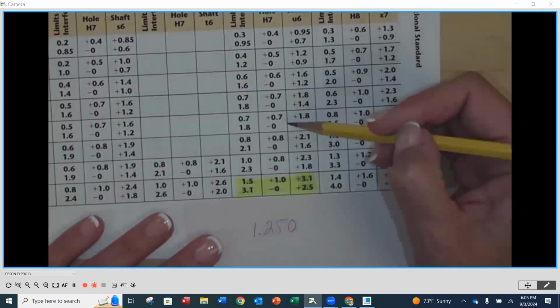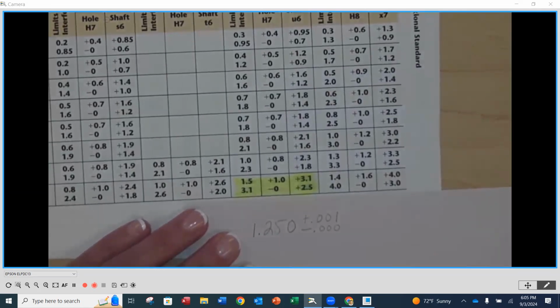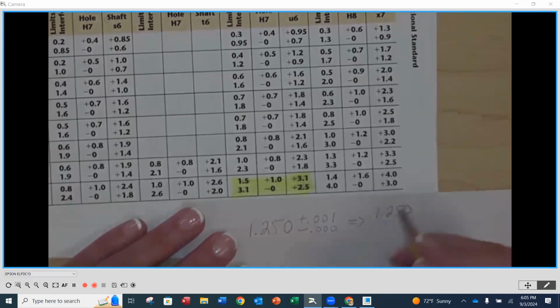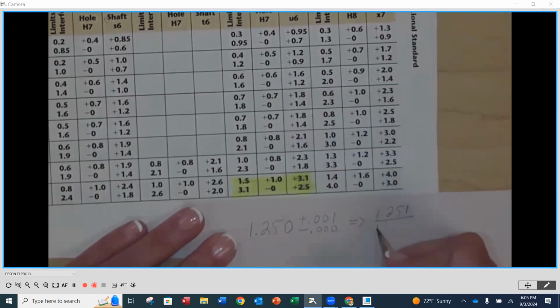On my hole column here, that means I'm going to add 0.001 and subtract 0. So now my limits of size are going to be adding and subtracting. So my limits of size are going to be 1.251 on my hole over 1.250.